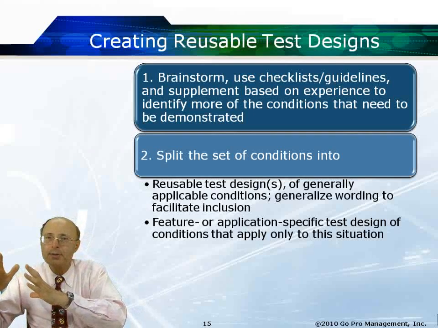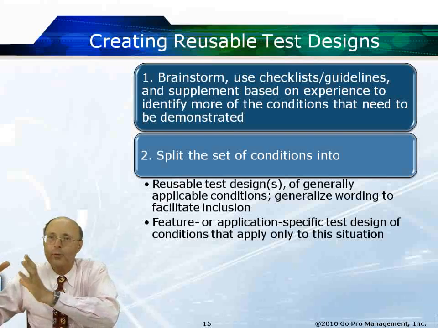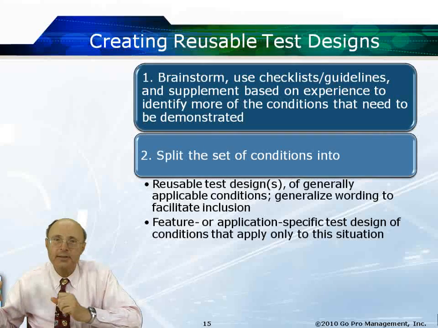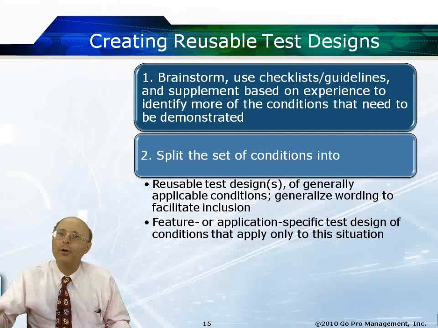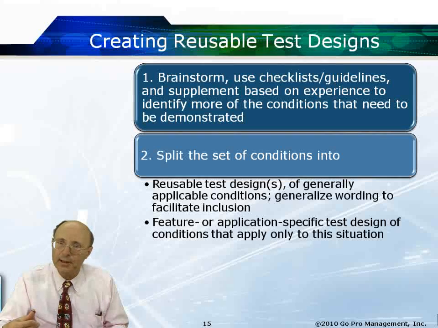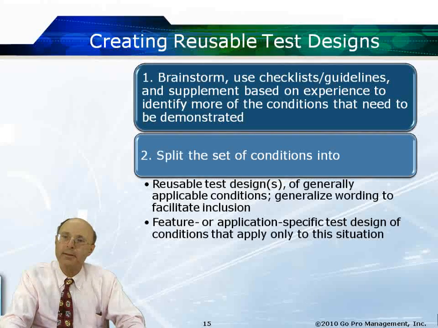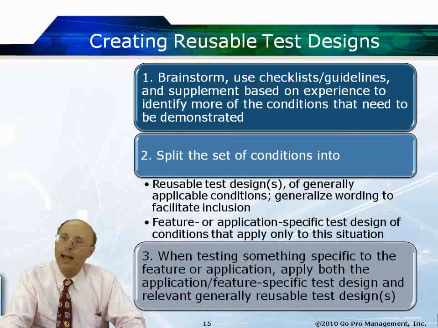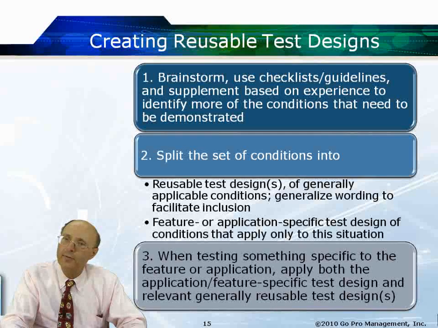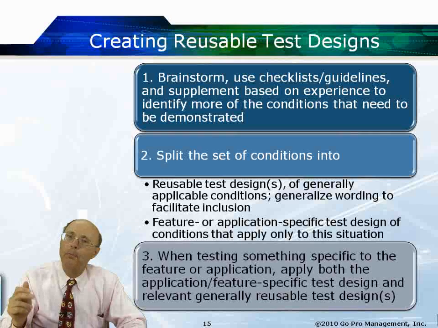And any of those conditions that didn't fit that went into a second test design specification, which was feature or application specific. Okay? The conditions that apply only to this type of a condition. And then, when we are testing something specific to that feature or application, we apply both.